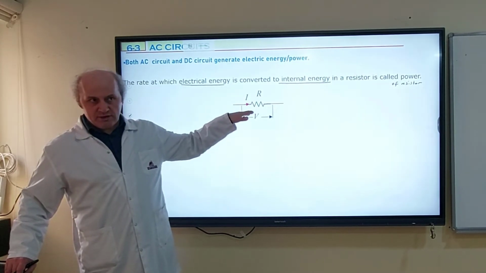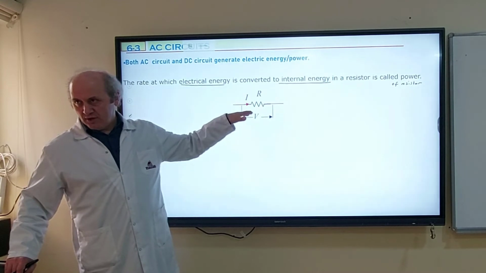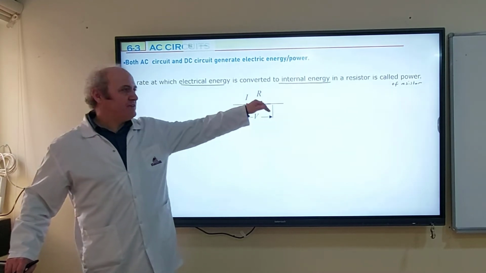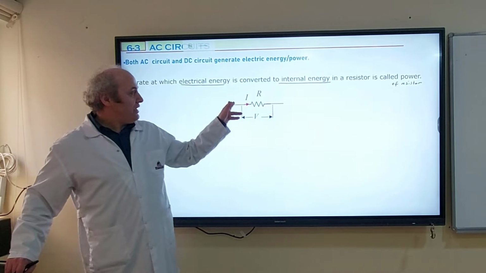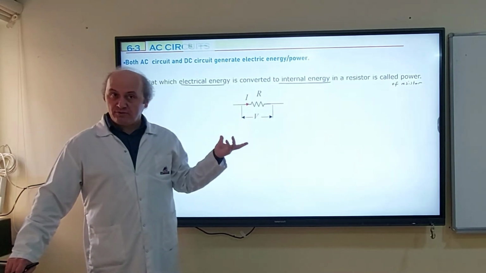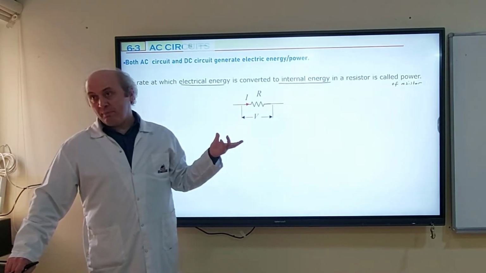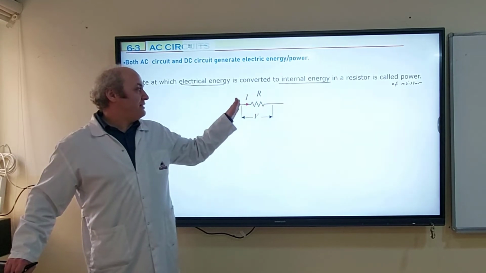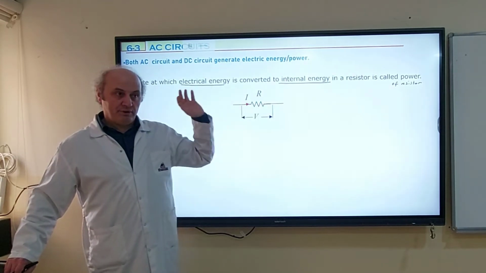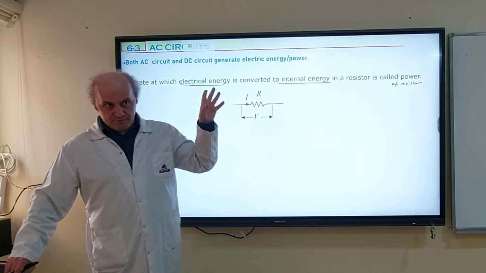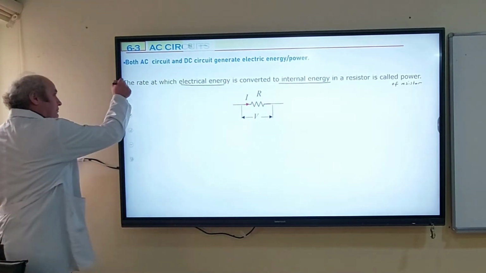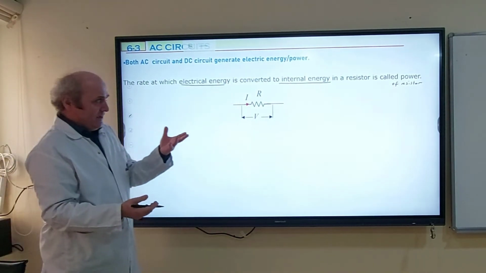So electric current only exists if there's a potential difference between the ends of the device. As you see, there's a potential difference between the ends of the resistor, so there will be an electric current from a point at high electric potential to a point at low electric potential. And how can we calculate electric power?